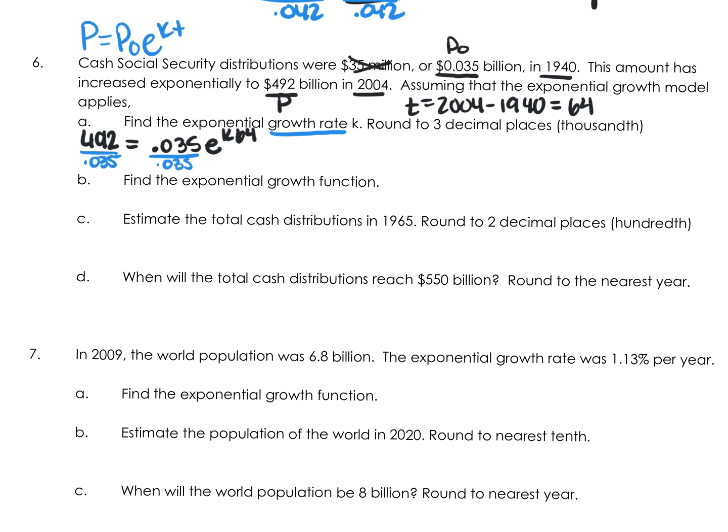So 492 divided by 0.035 is going to be 14057.14286, and this keeps going, so you can either do that, or if you want to round to 4 decimal places, that's okay. And then over here we'll have e to the k times 64.